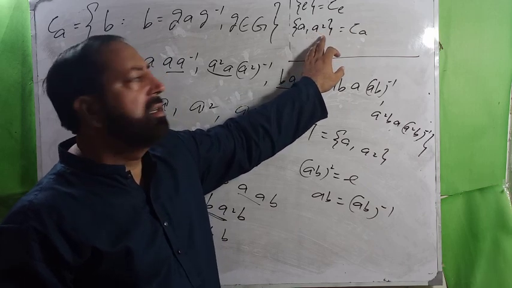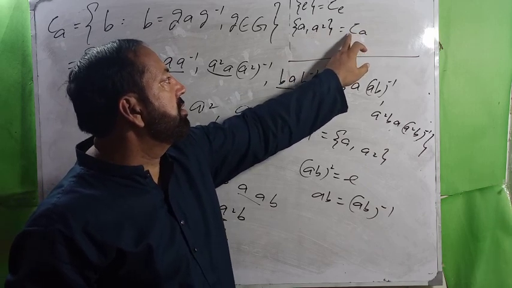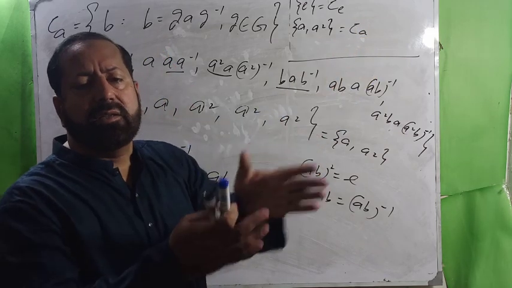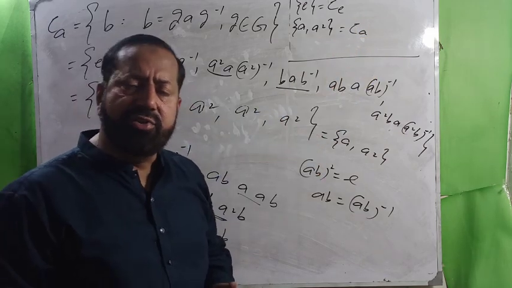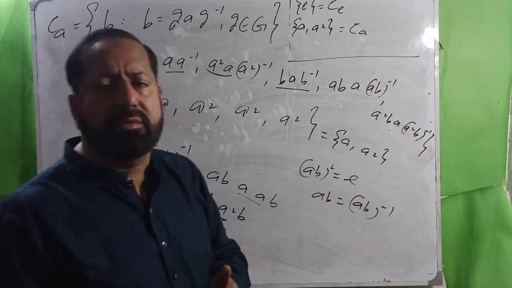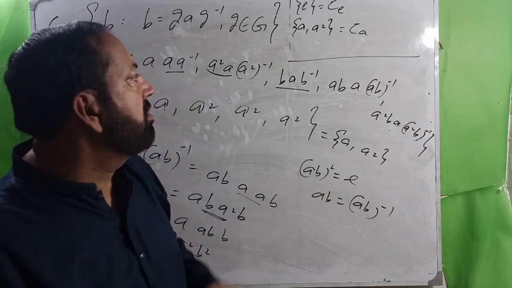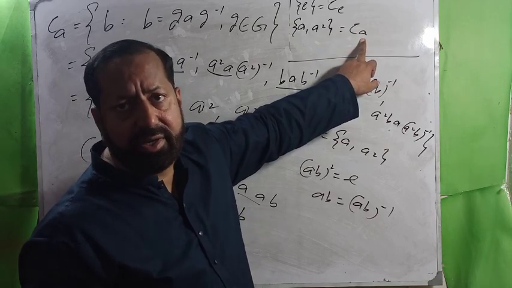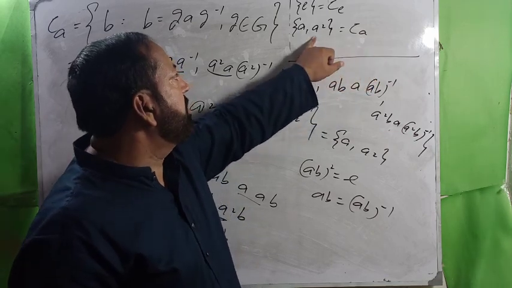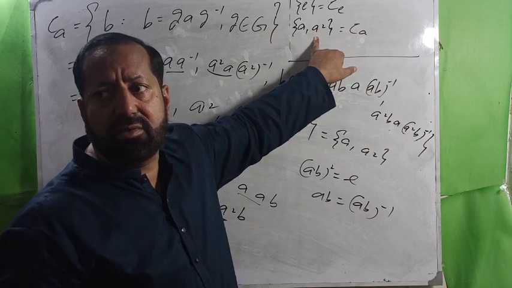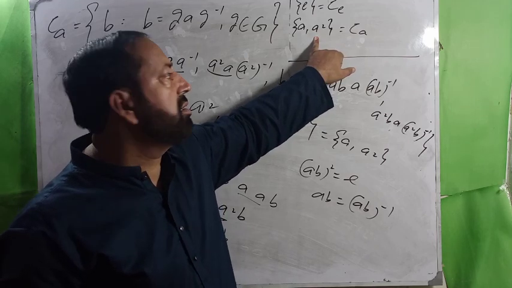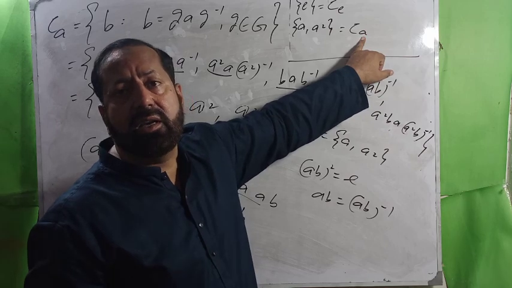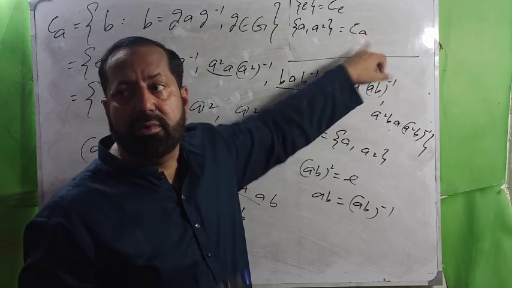Of course, CA must contain A, because conjugating A by the identity, E A E inverse, gives A. So the conjugacy class CA always contains the element A, and of course its inverse as well. So the conjugacy class of A and the conjugacy class of A inverse are the same.